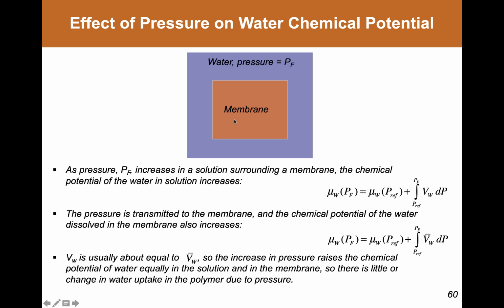We can also write an expression for the effective pressure on chemical potential of water dissolved in the membrane, and it looks very similar, except the molar volume is replaced by the partial molar volume. The reference pressure can be any value you want. We're going to set it to the permeate pressure, or what would typically be ambient pressure in our calculations for convenience.